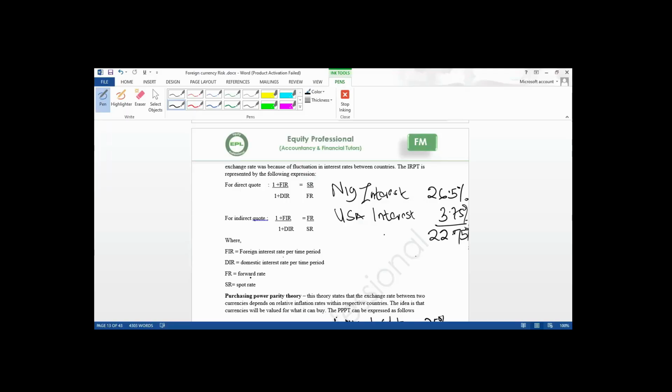According to this theory, a country with higher inflation rates, we have its currency value depreciating compared to a country with lower inflation rates.